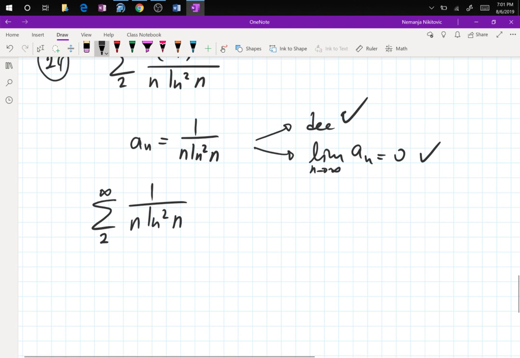What test? No, integral test. You can integrate this.